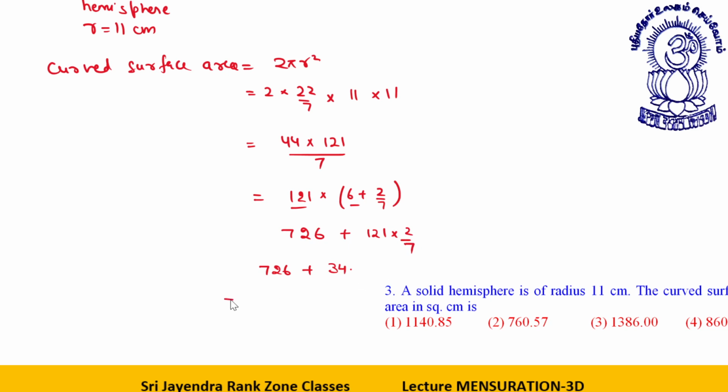So 726 plus 34 is 860.57. That is option number 4. Clear?